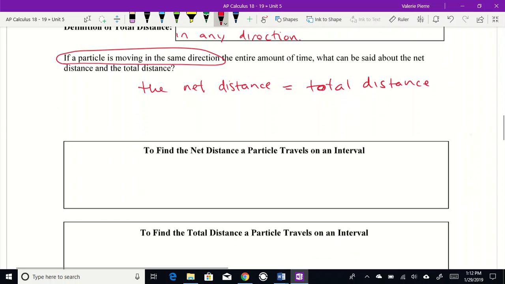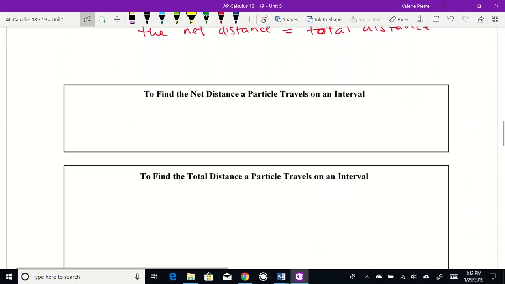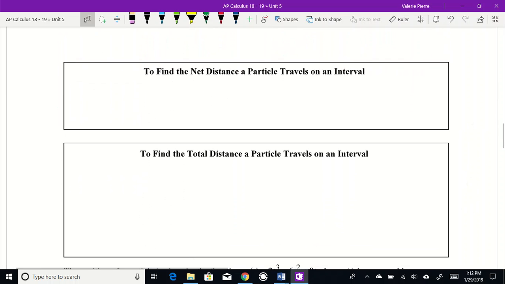To find the net distance of a particle, remembering that distance is always positive, it doesn't matter if it's net distance or total distance, distance is always positive. To find the net distance a particle travels on an interval, we first look at the interval.